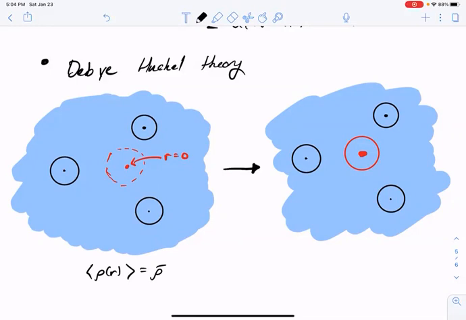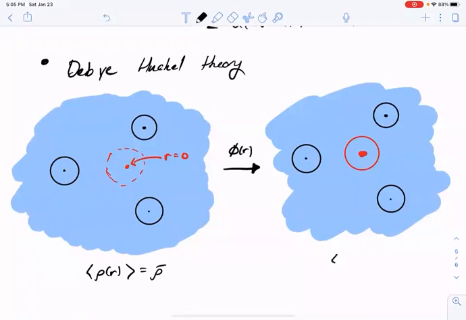And now if I insist that there is an ion at the origin, I can do that by turning on the Coulomb potential at the origin, such that those ions then will feel, the density field will respond to that potential.